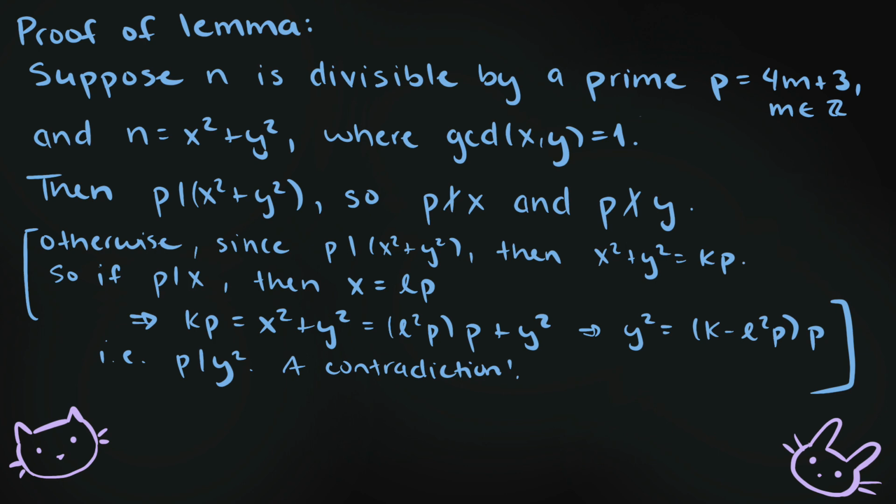This is just by definition of divisibility. So now if we do all this math, we can conclude that p also divides y, which is a contradiction, since if p divided both x and y, the greatest common divisor of x and y would not be 1, it would be at least p. So this is why we can't have p dividing x or p dividing y.